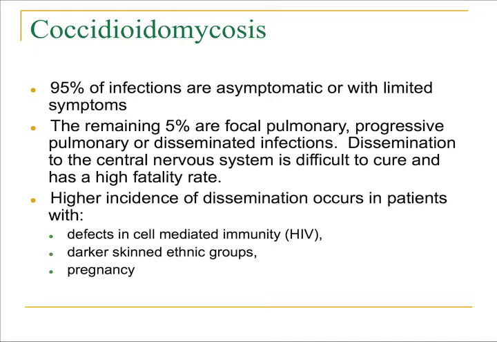In fact, it is the most difficult of all the fungal infections to cure. Higher dissemination to the central nervous system occurs in patients with defects in cell immunity, such as your HIV patients, darker-skinned ethnic groups, and in pregnancy.